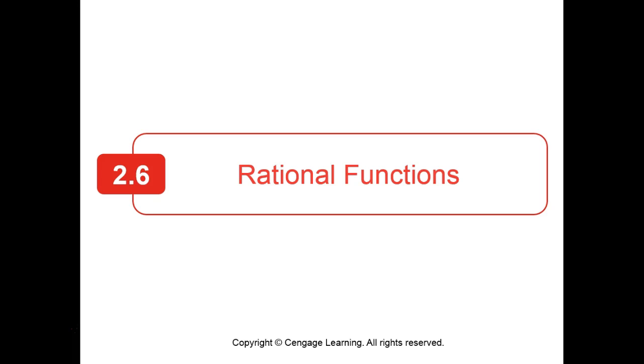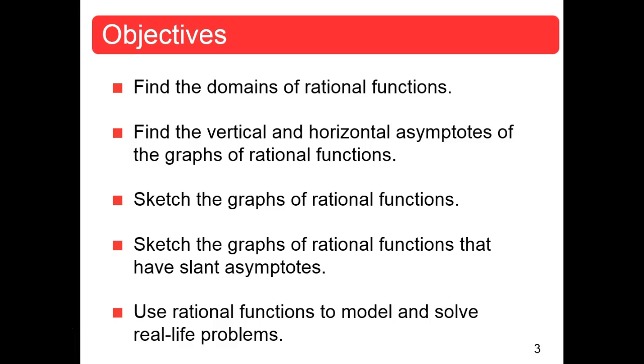Yes, something in a fractional form as a ratio, and a fraction is always something divided by something. So these are quotients of, guess what kind of functions? Polynomial functions. Excellent.